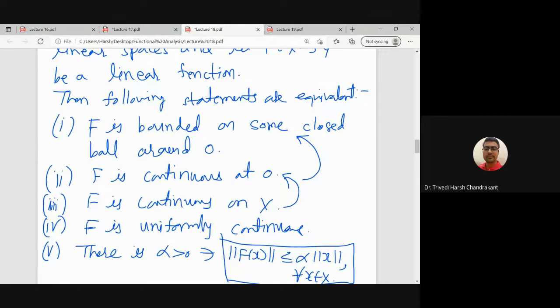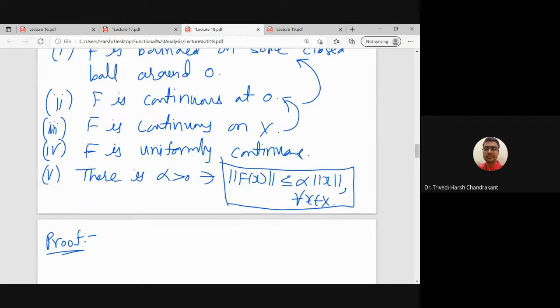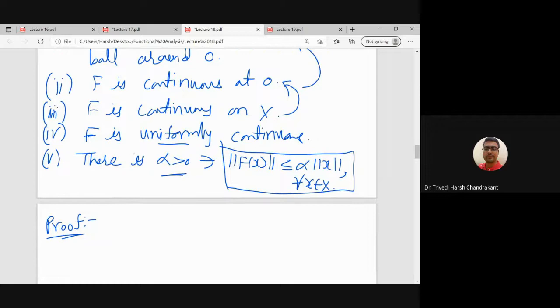So that we are using in the 2 implies 1. And whenever such an alpha exists, it is uniformly continuous. That part is also very simple.